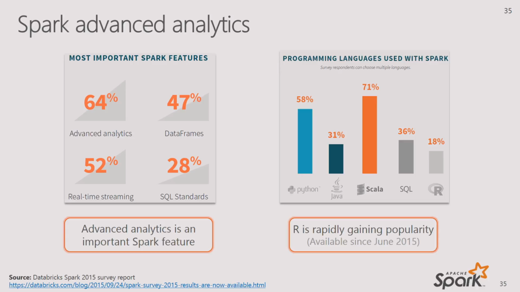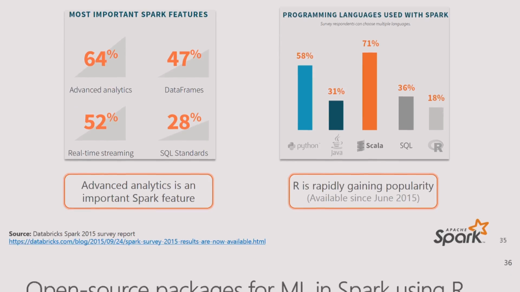So it's been just about a year or a little bit more than that. So already, towards the end of last year, you saw that 18% of the users in Spark are using R. Scala is still dominant, and so is Python. Python is also very popular, but I believe the R utility is going to gain popularity pretty quickly.